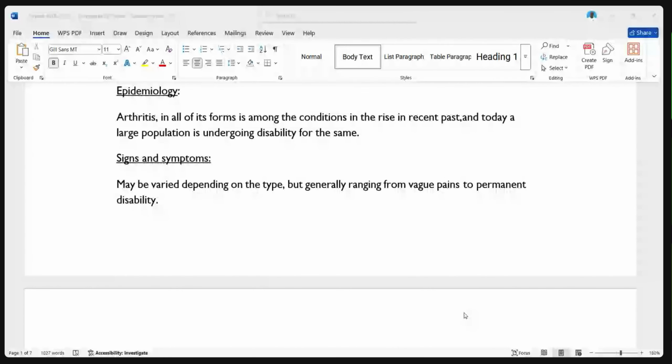Yes. Or swelling on the hands and joints. Painful swellings. Yeah, there's swelling, sure.